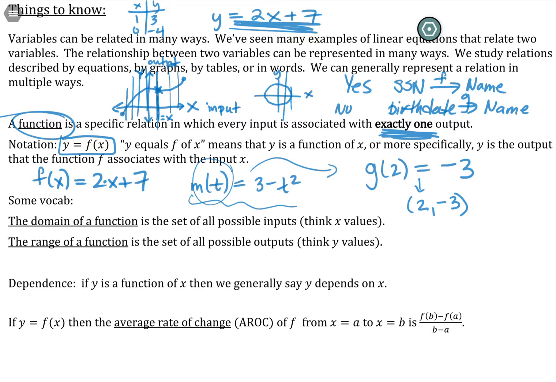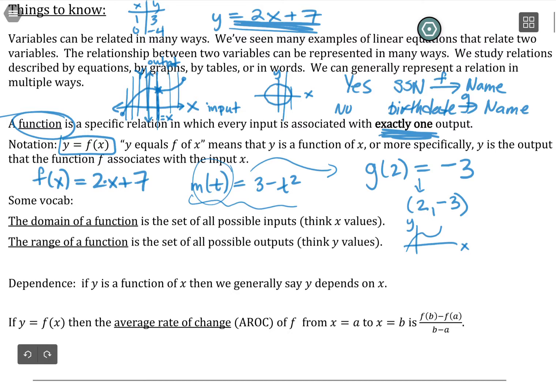But the domain of the function is all possible inputs, and the range of a function is all possible outputs. So if we're looking at a graph, remember inputs go on the x-axis, outputs go on the y-axis. So all the x values that the graph takes on would be your domain, and all the y values that the graph takes on would be your range.